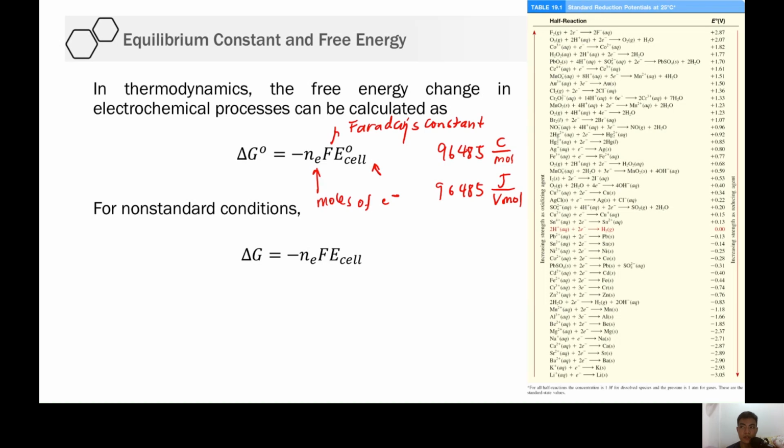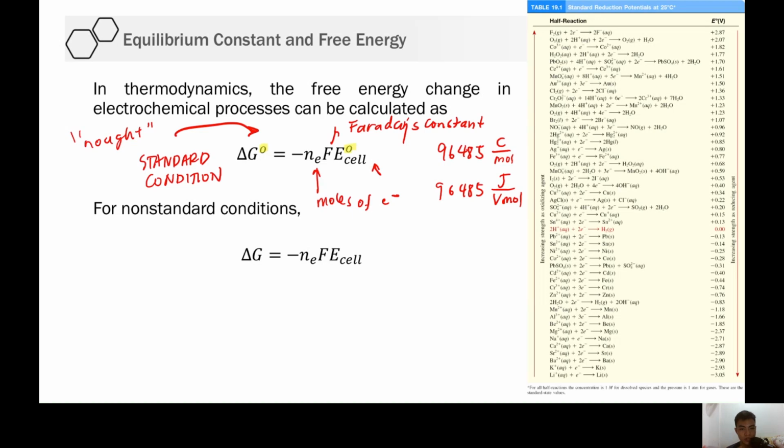If the potential of the cell is standard, then we have to indicate a small circle on the top. Remember, if we have a standard condition, we always have to put a small circle on the top, and that is called a naught.